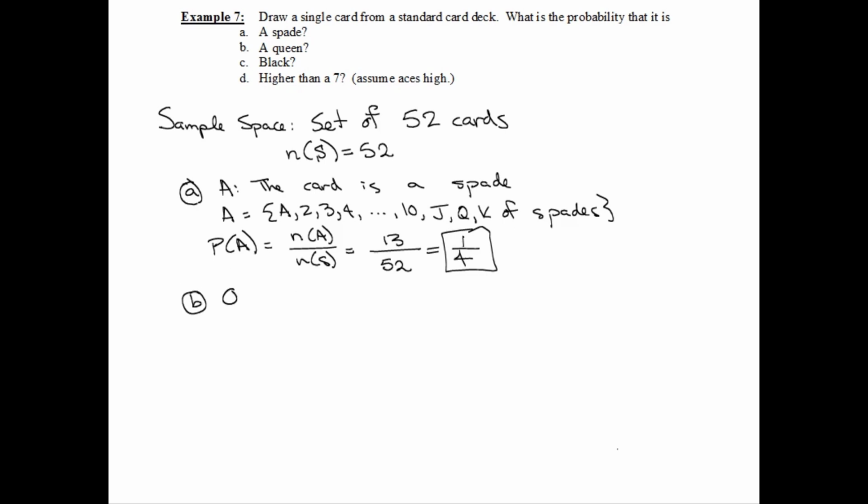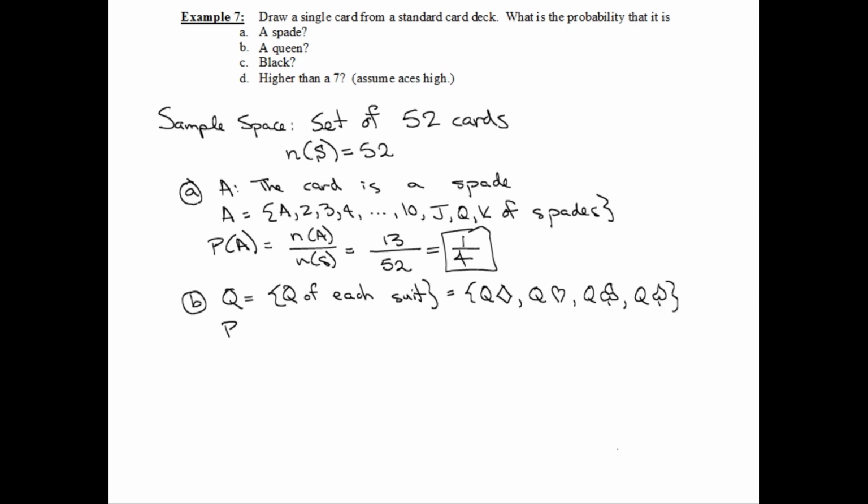Let's let Q be the set of queens. So we're going to have the set of queens in each suit. Okay, so that means we're going to have the queen of diamonds, the queen of hearts, the queen of clubs, and the queen of spades.